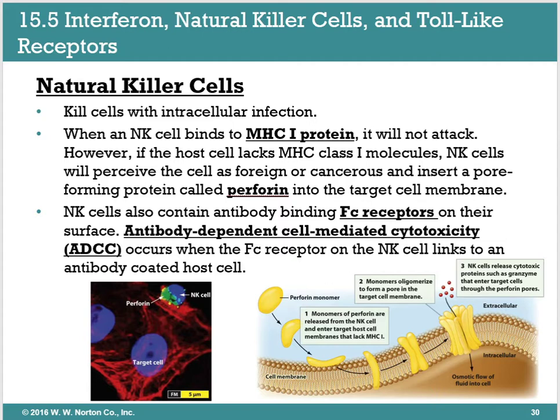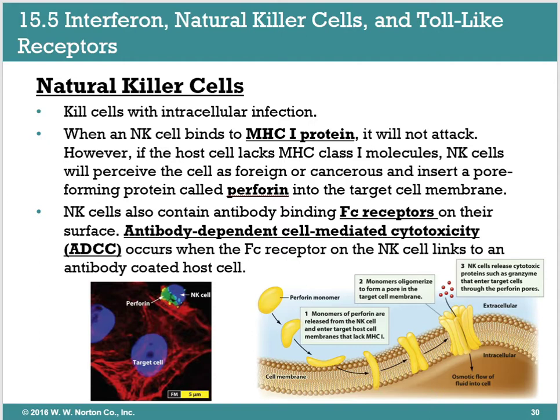But if it notices that our host cell does not have an MHC molecule, the natural killer cell will degrade the cell membrane of the host cell and essentially kill it.